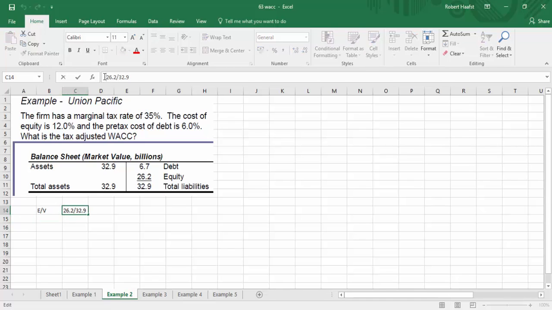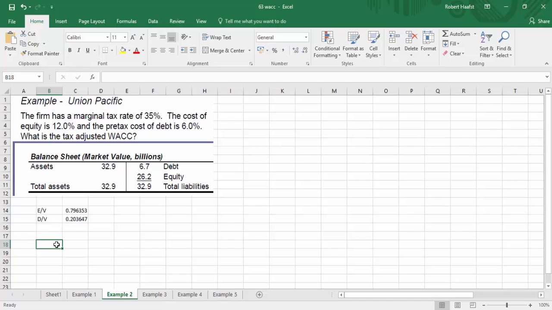Let's make a formula out of that. Well, our debt to value is 6.7 divided by the total liabilities. Alright, so let's start with constructing the whole formula again.